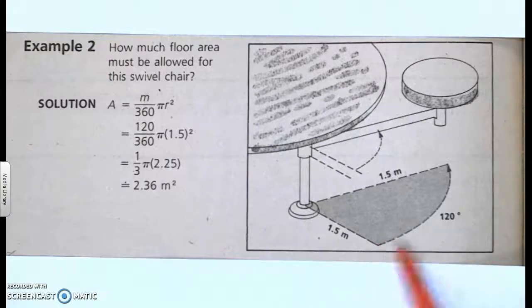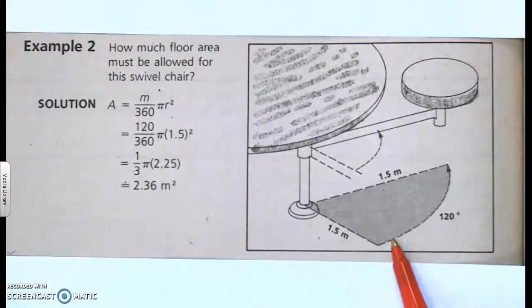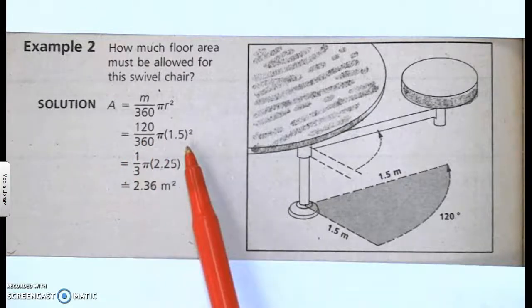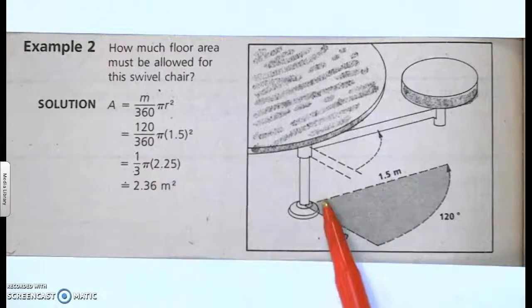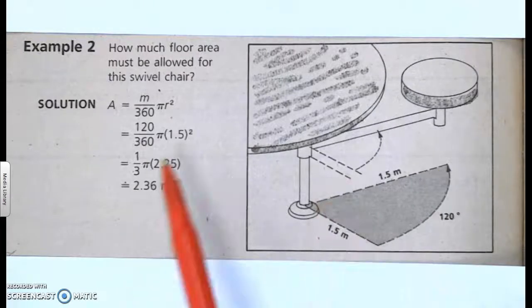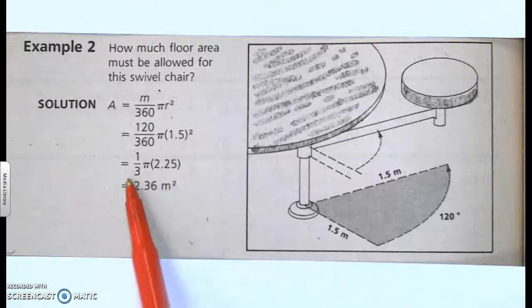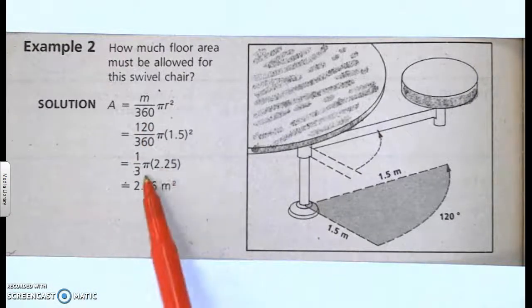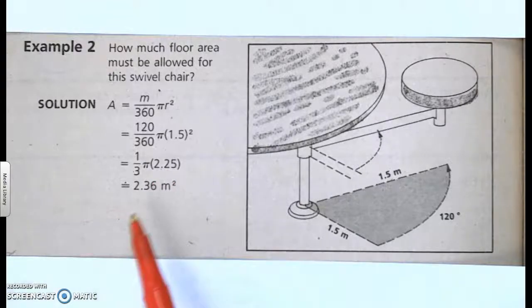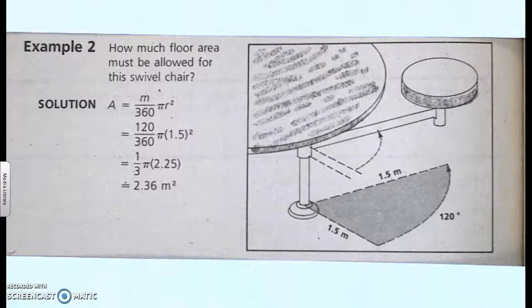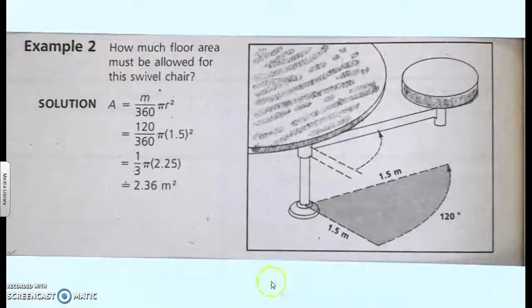So this degree measure right here is 120 degrees over 360 times pi r squared, and your r is 1.5. Fix that on the calculator. It's going to give you 2.25, and that is a 1/3. And then just press pi on your calculator, and it's going to round to the second decimal place. And this is going to be the approximation that you are going to get.